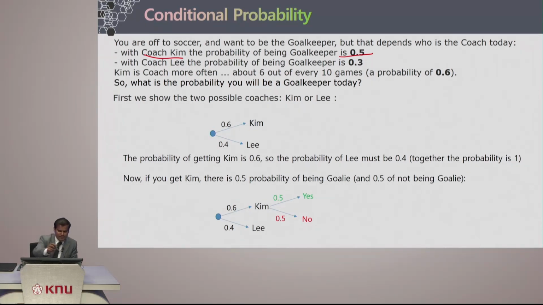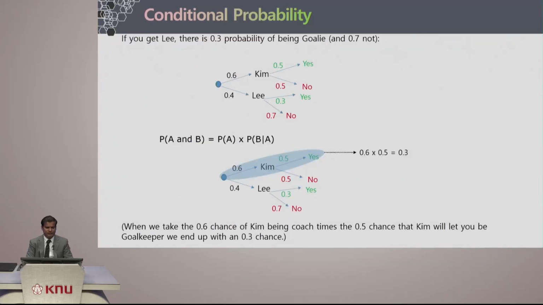And if it is Lee, then it's going to be 0.3. So we can put that in this tree graph. You have a chance of 0.5 of being a goalie if Kim is the coach, and if Lee is the coach, then you have a 0.3 probability.